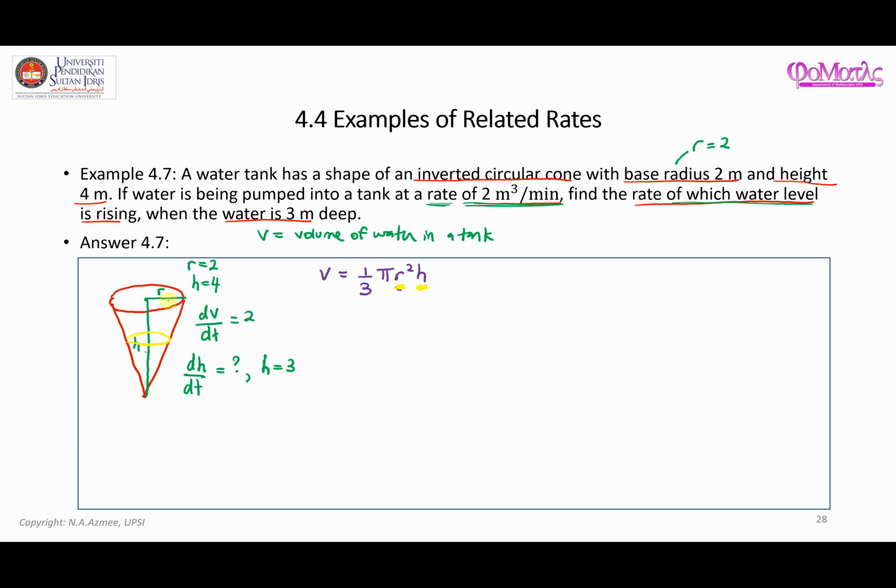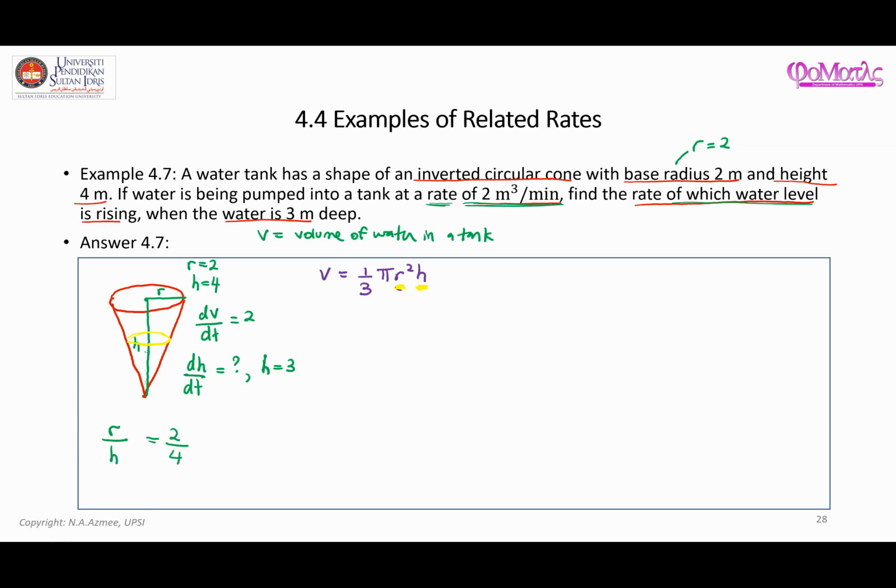Okay, so now we know that if we consider the ratio of r over h, r over h will be equal to, what is r? R is 2 meters. What is h? H is 4 meters. So r over h, the ratio of that, is equal to 2/4.